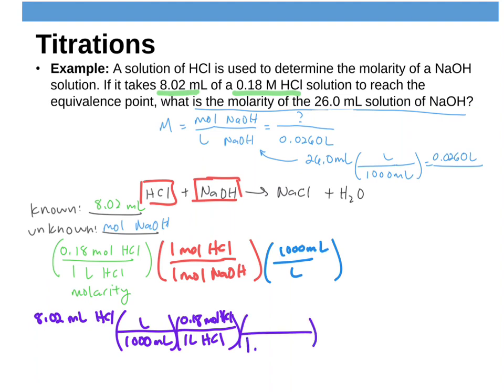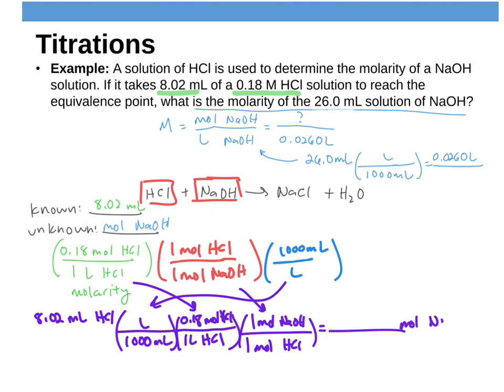And I know for every 1 mole of HCl, apparently there's 1 mole of NaOH. Right, so I'm just using these conversion factors, right? I use that one, then I use that one, then I use that one. I'm just following the things so that I get moles of NaOH, right? That's the number I need to figure out the molarity up there.